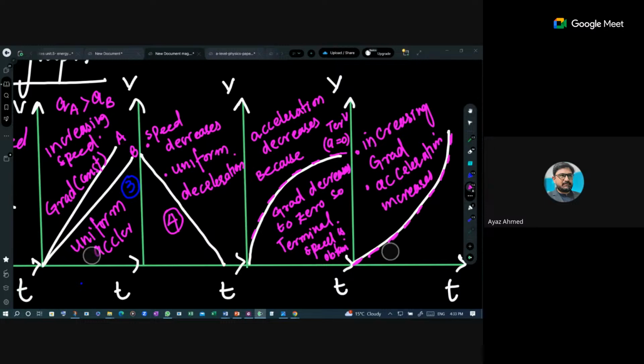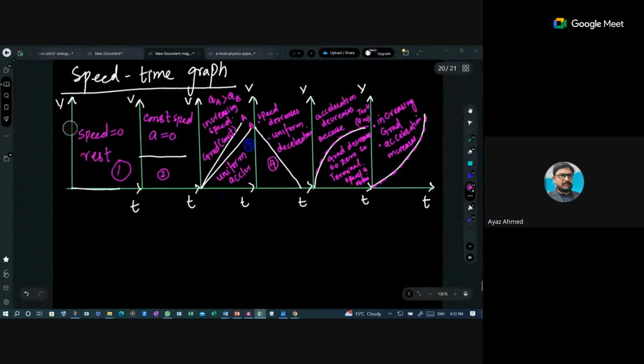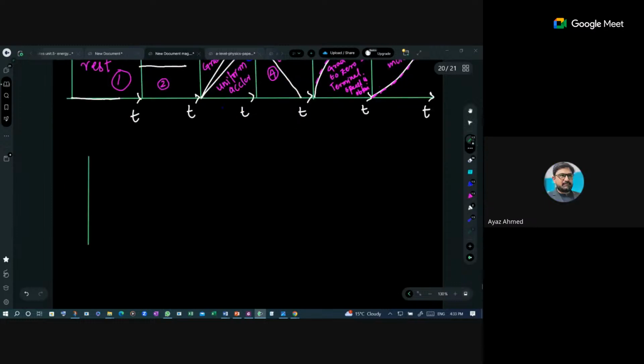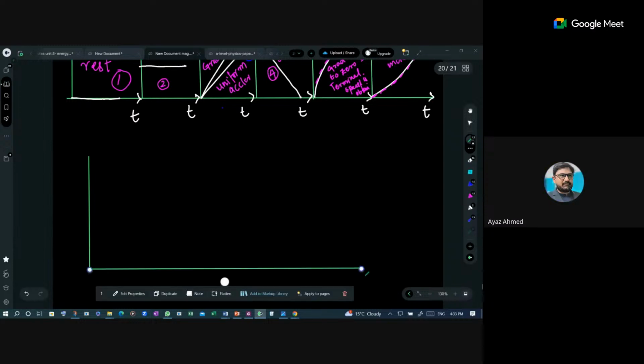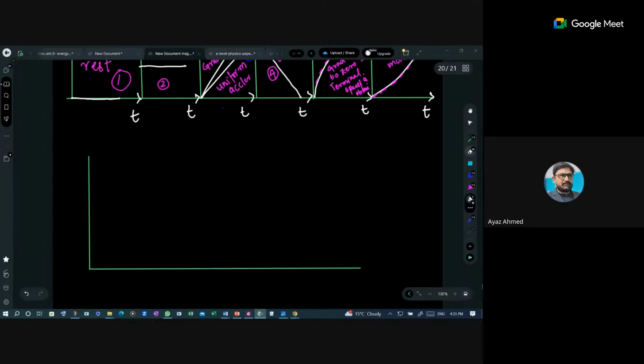So these are basically all aspects of graphs we usually have, and then finally we have the acceleration time graphs. In acceleration time graphs, this is your acceleration and this is your time.